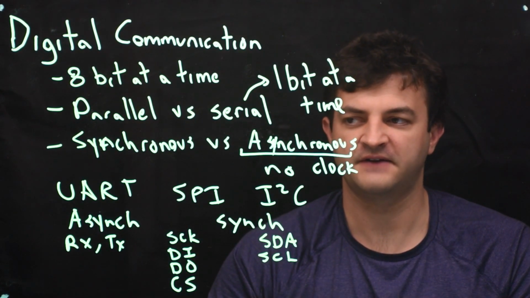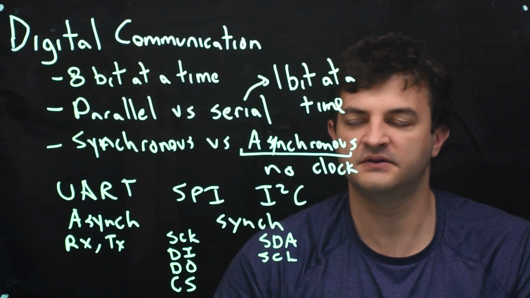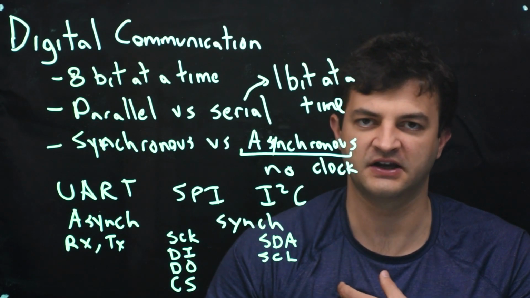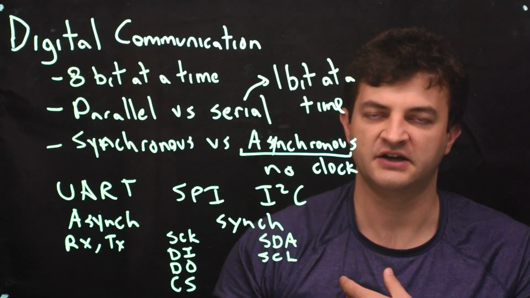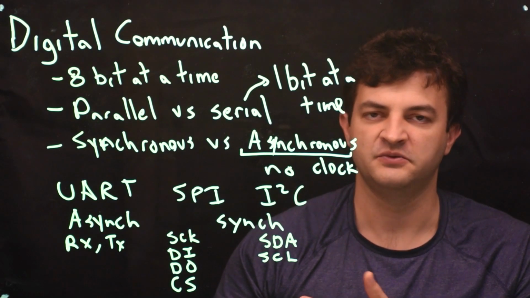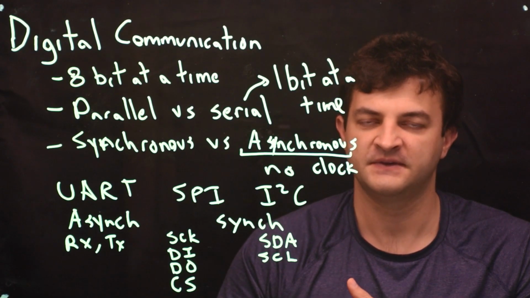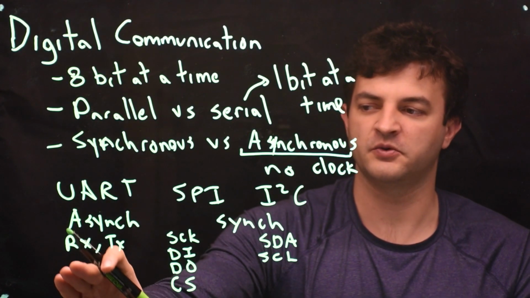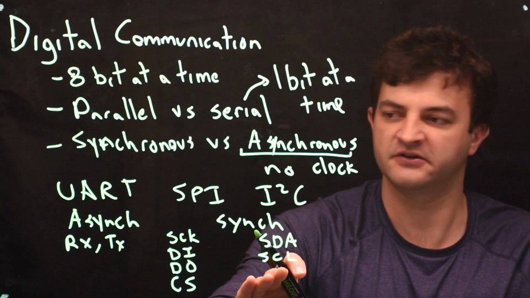The asynchronous fashion of UART means that we can't often increase the bit rate too fast, because if I think you're talking at one rate and you're talking at another rate, and we're off by a few percent, we quickly lose the synchronous reading and writing. So UART would be a lower speed, and I2C would be a higher speed.